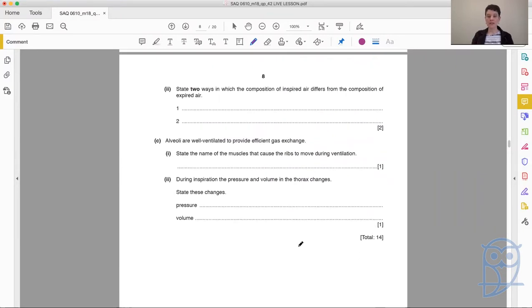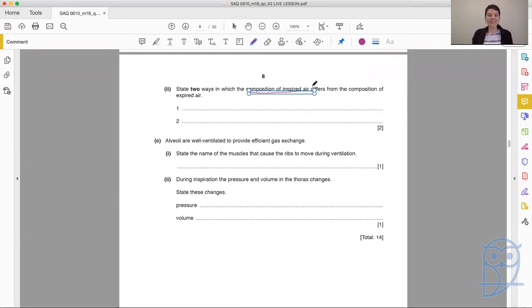Next question asks us to state 2 ways, just 2, in which the composition of inspired air differs from the composition of expired air. So when you breathe in, we're not going to talk about expired air because the composition of inspired air is the focus of this question. So what are the differences and what is special about the inspired air?